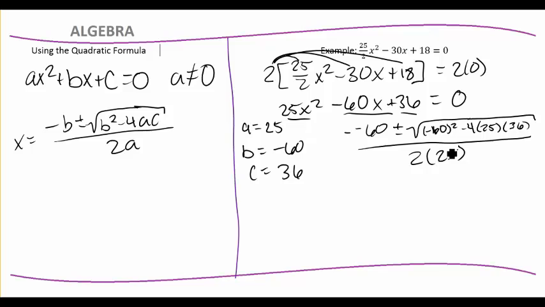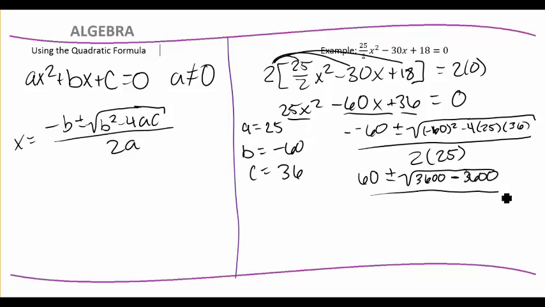So let's simplify. So we have 60 plus or minus the square root. Negative 60 squared is 3,600. We're going to subtract. Negative 4 times 25 times 36 turns out to be 3,600 as well.